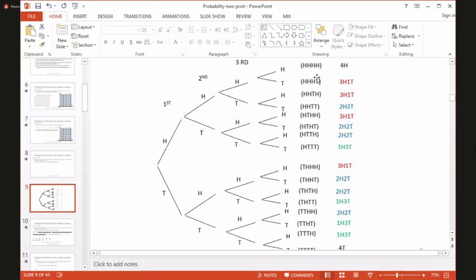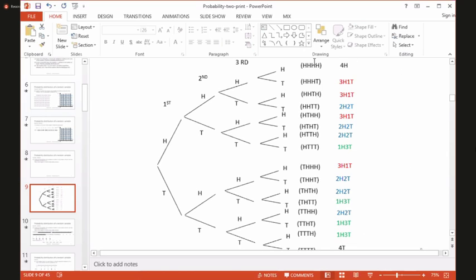These are all the possible outcomes. Remember, this concept can be extended to any number of tosses: 4 times, 5 times, 6 times. You can extend the tree. You see all heads, 4 heads, then 3 heads and 1 tail, 2 heads and 2 tails. Likewise, all possible outcomes can be easily found.